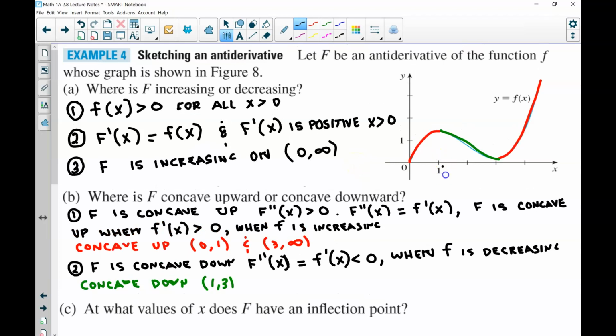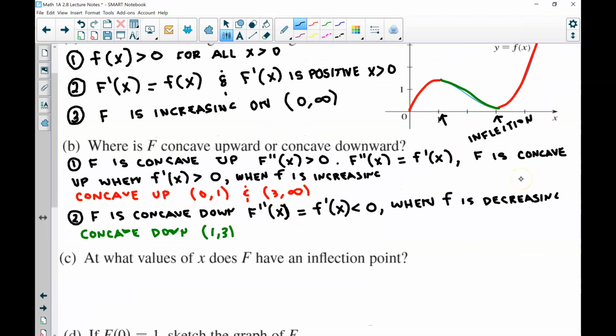Here is an inflection point at 1. That's where it's changing, and it's also changing here. So those are the inflection points. Okay, so the inflection points are at x equals 1 and x equals 3.